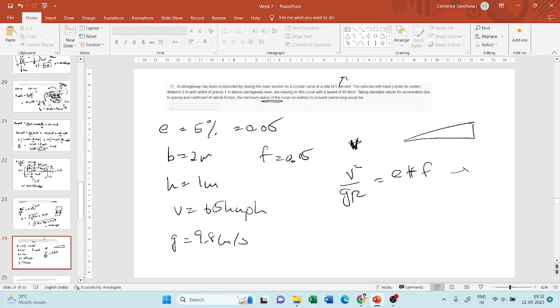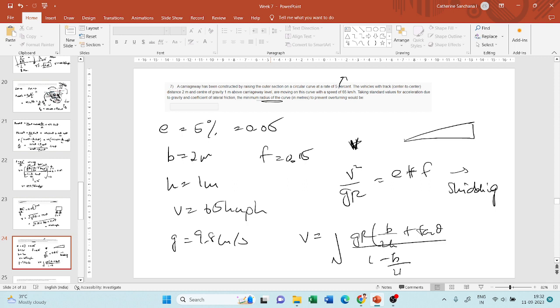So this is for skidding. We saw some other equation for overturning, right? Which is v is equal to the square root of gr times (b by 2h plus tan theta) divided by (1 minus b by 2h tan theta). Yeah, we saw this, right? Now you have to substitute for all these values except for r, because you've been given all these values.